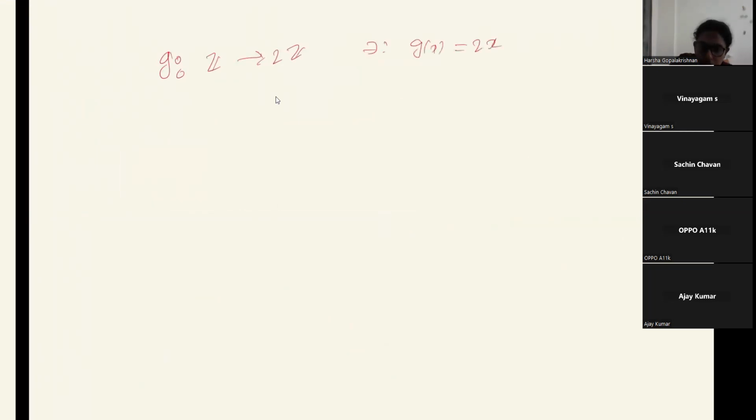Now, if I take any element y in 2Z, y will be of the form 2n, an even integer. So y I can write as 2n. So what will be g of n? By the definition, g of n will be 2n, which is equal to y.